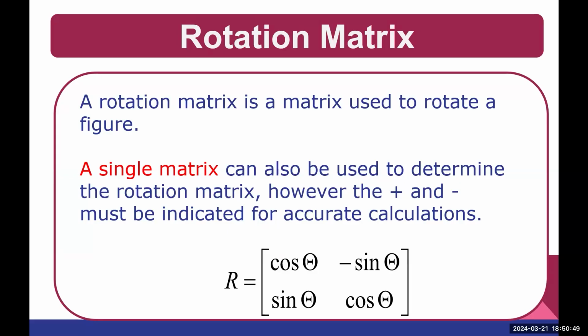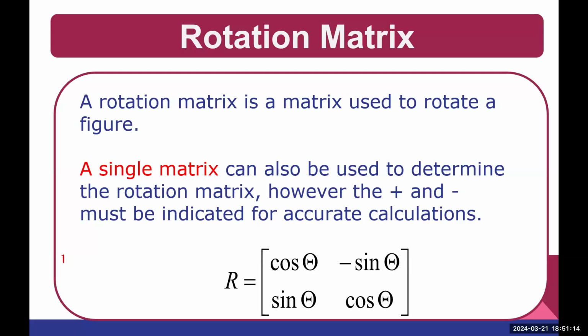Now a rotation matrix is a matrix that is used to rotate a figure. Obvious, that's stating the obvious. A single matrix can be used to determine the rotation matrix. However, plus and minus must be indicated for accurate calculation. So here we have a general form for the rotation matrix. Let me rewrite this.